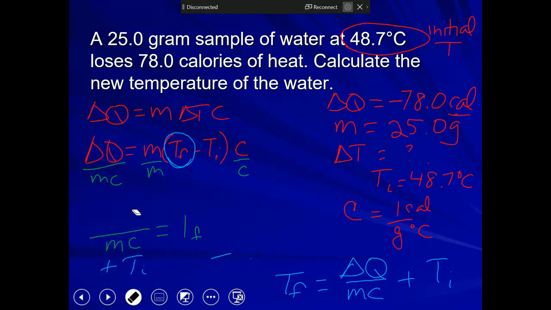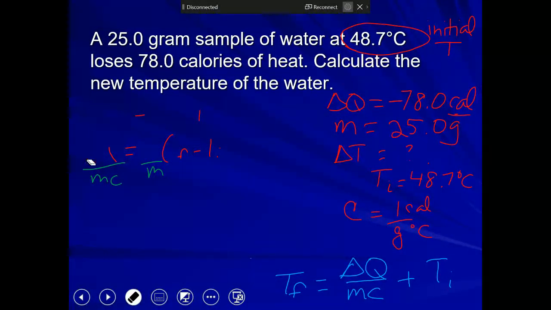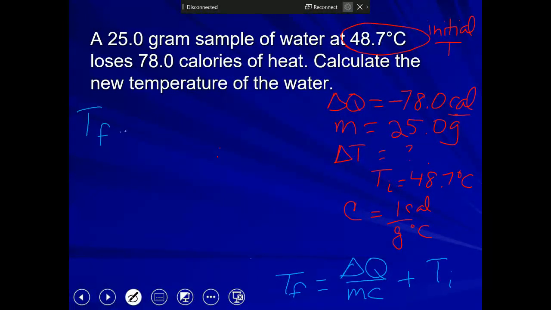So I'm going to make some room for myself now. I just have a piece of paper, I just keep on going, but it runs out of room. So now I'm going to go back, and to get the final temperature, I need the Q, negative 78 calories, divided by the M, 25 grams, and also divided by the C, 1 calorie per gram degrees Celsius.